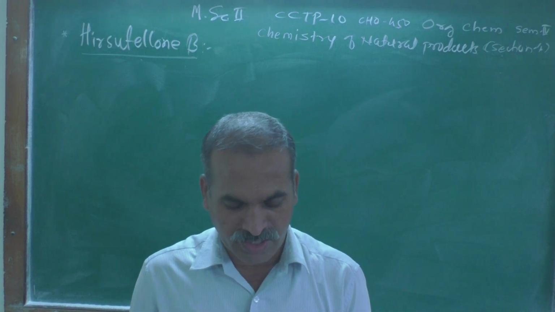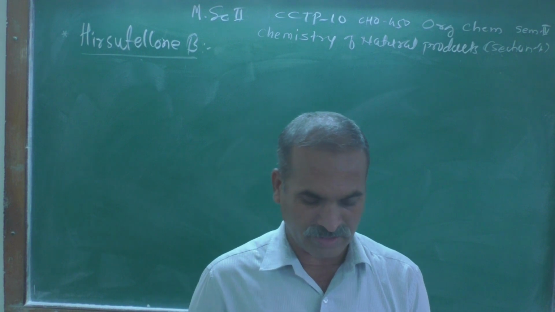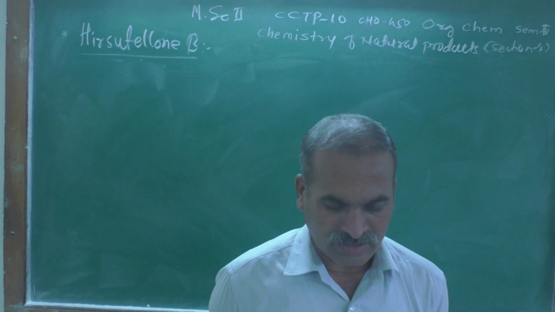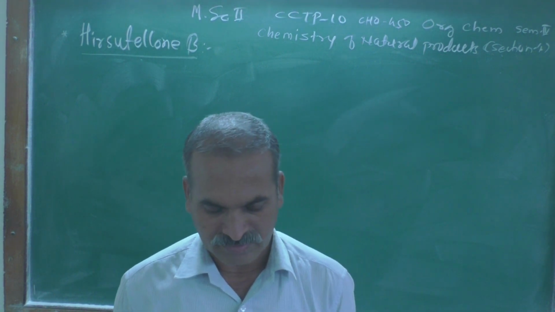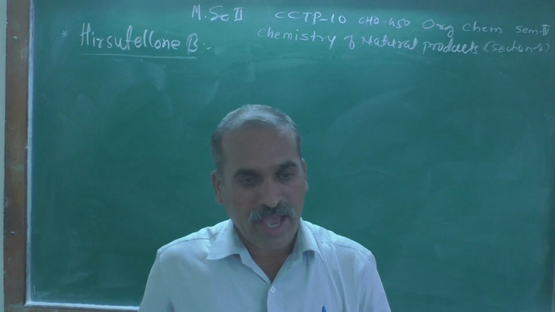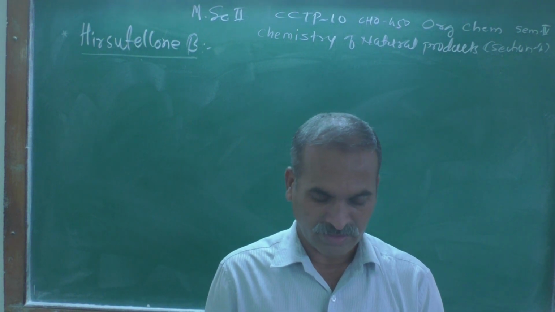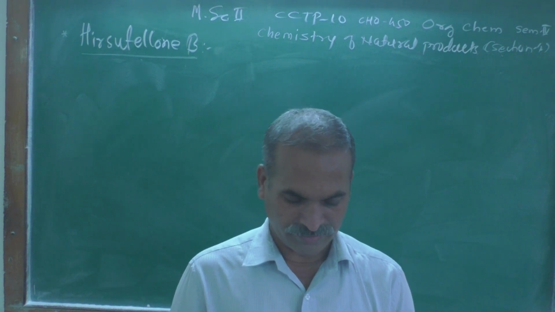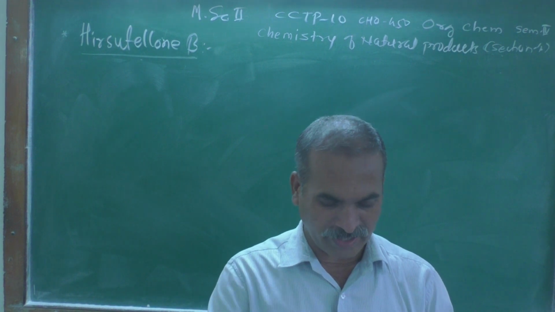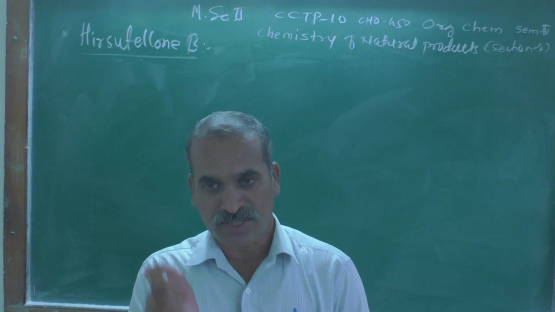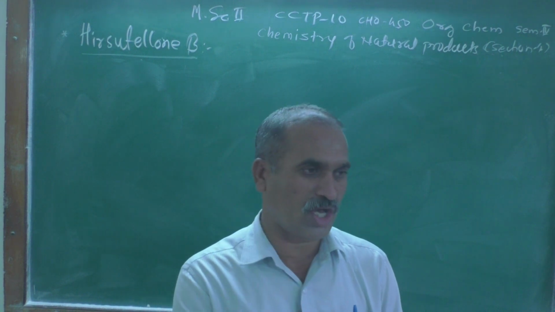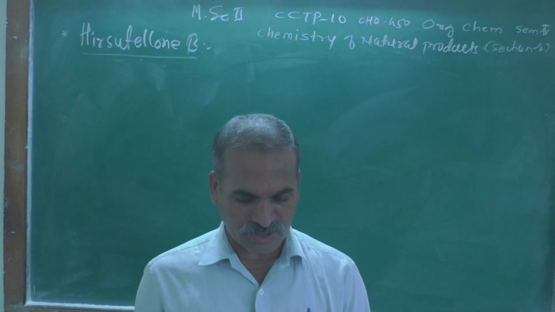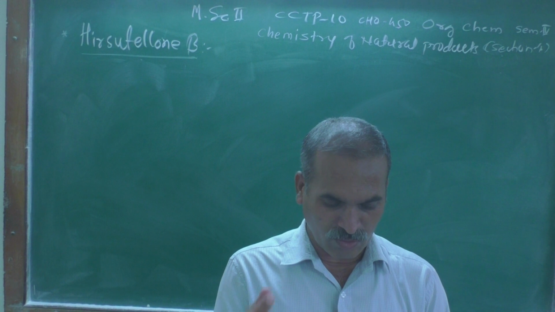Here KHMDS is nothing but potassium hexamethyldisilazide, which acts as a base in this particular reaction to prepare the stabilized Wittig reagent or modified Wittig reagent, furnishing the corresponding Z olefinic iodide.